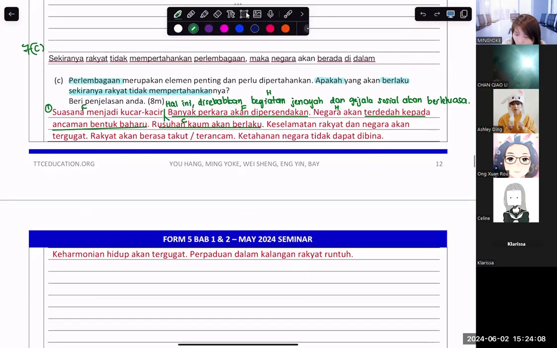It's either you write fakta, huraian, fakta, huraian, fakta, huraian, fakta, huraian, meaning 4 fakta, 4 huraian. Or fakta, huraian, contoh, inference, kesan. 2, 2, 2, 2. And ends with a kesimpulan.